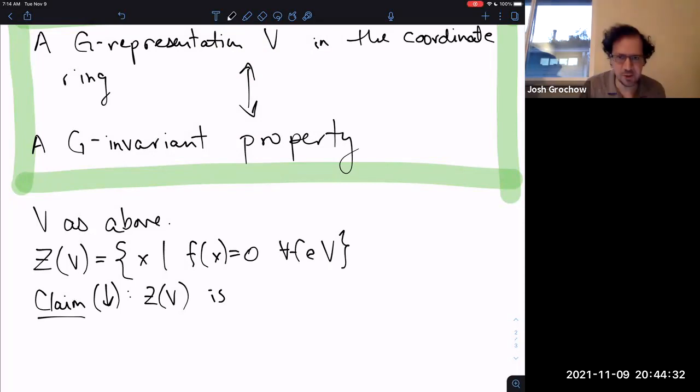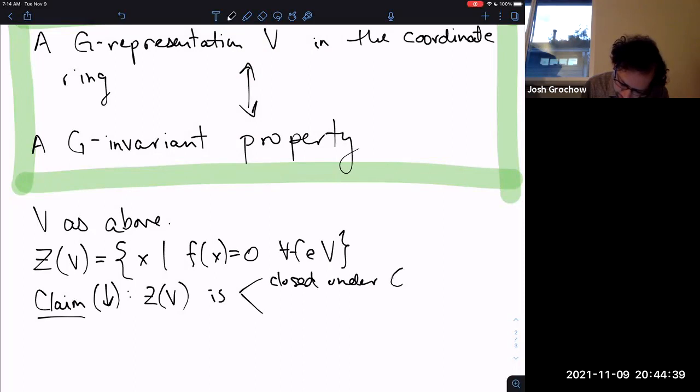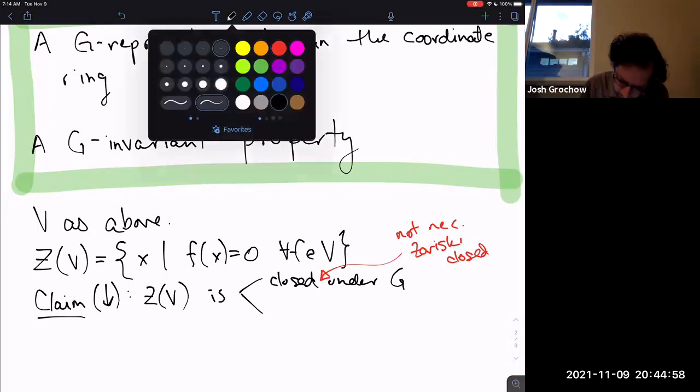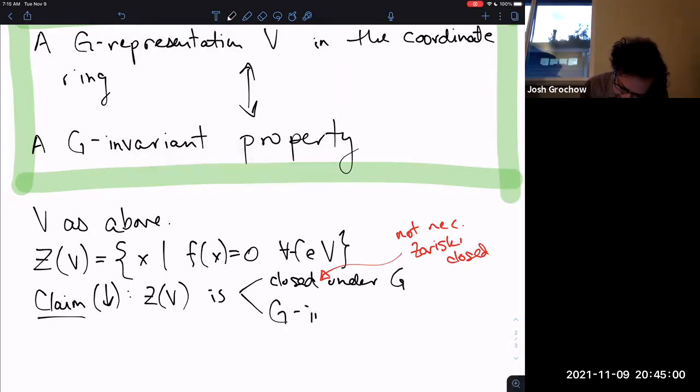now here the notation is somewhat confusing. You might say closed under G, but note, careful, this is closed under the action of G. This is not necessarily Zariski closed. So, okay, that's not the best choice of nomenclature because it conflicts with Zariski closed. Or we might say this is G invariant, but this means setwise, not pointwise.